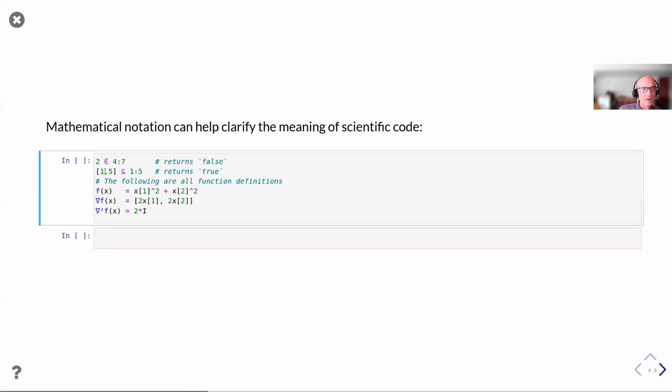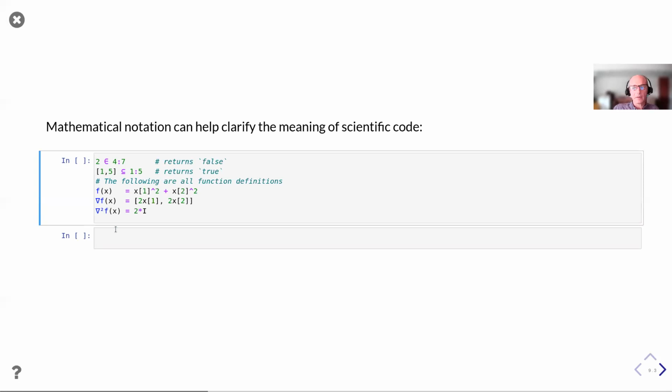And this is asking if this is a subset of the list of integers from 1 to 5. These represent a function, its gradient, and its Hessian. And again, no one really needs to know much Julia syntax if they know the underlying mathematical representation to be able to understand what a function that is given this as its function name actually conveys.